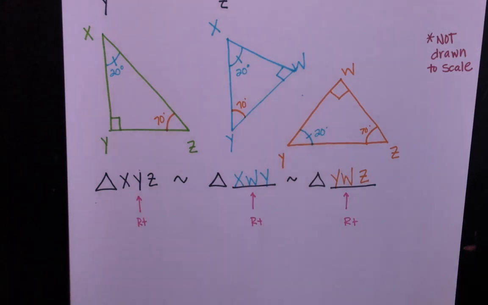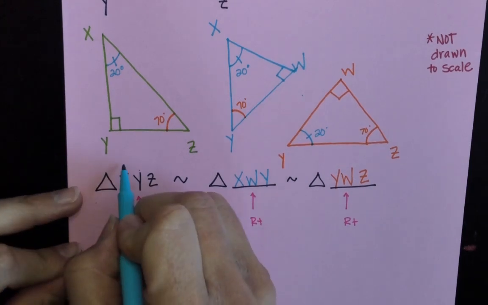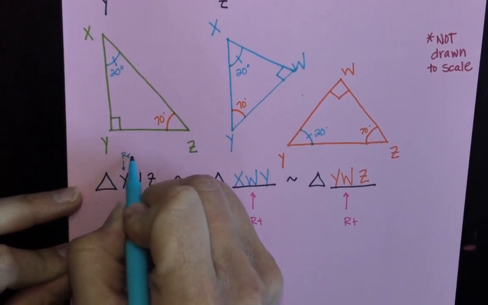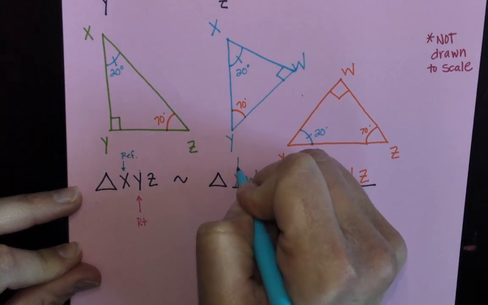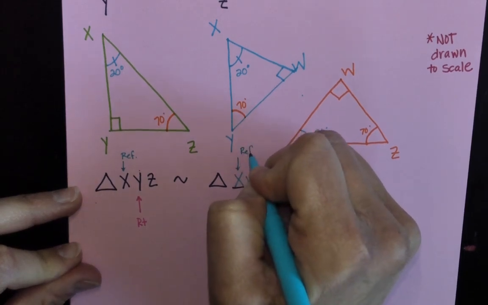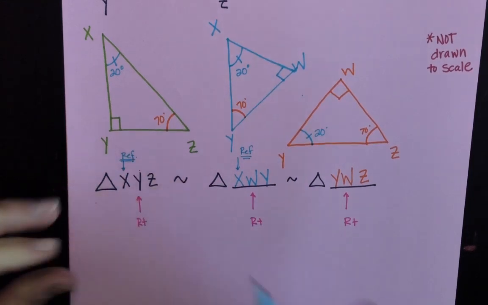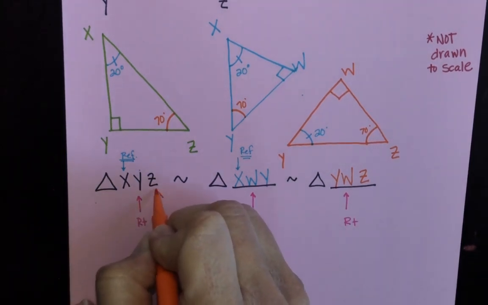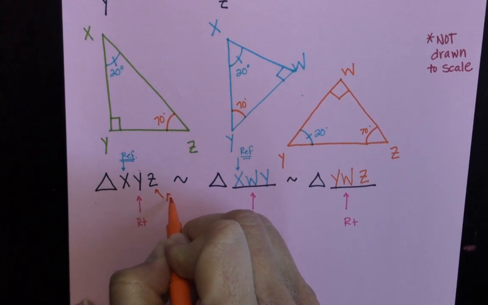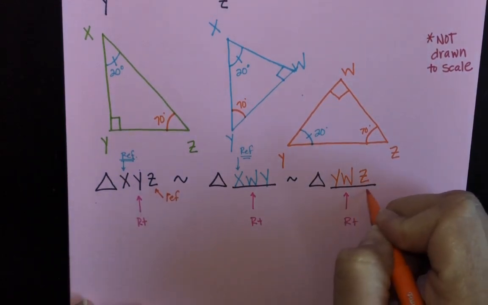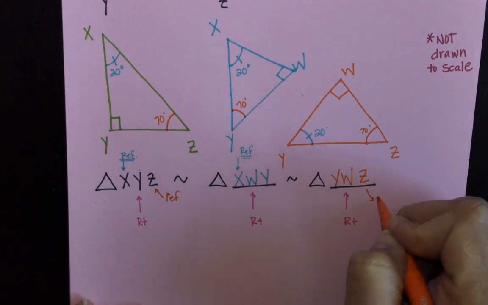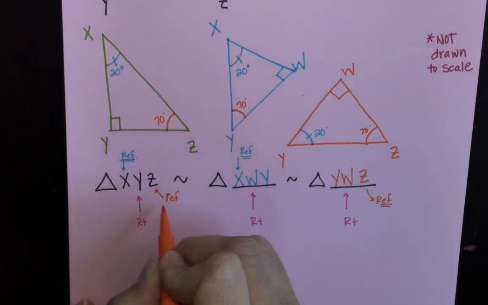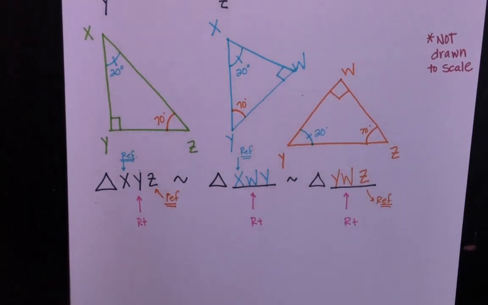I want you to also take note that when we talked about our reflexive angle, this one was reflexive to this one. We again know reflexive means that they're the same measure. And we can see that this one is our reflexive angle. And those are in the same spot.